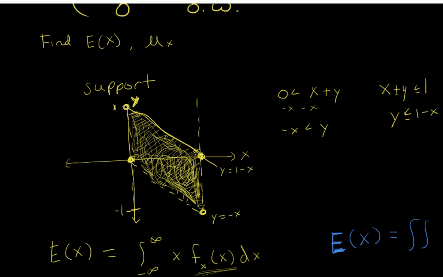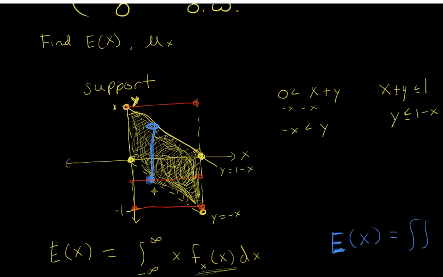For this support, if I integrate over y first, I would be going from this line to that line. Then I integrate over x from 0 to 1. That would limit me to this area here, so that's the easiest way to do it.